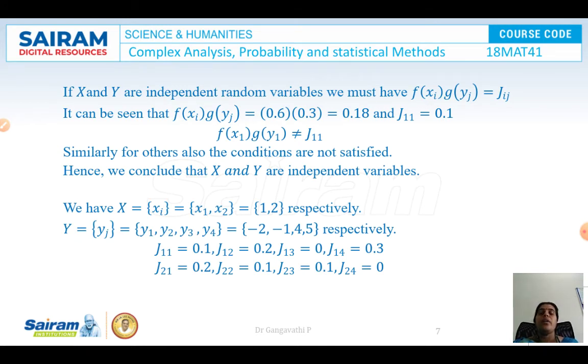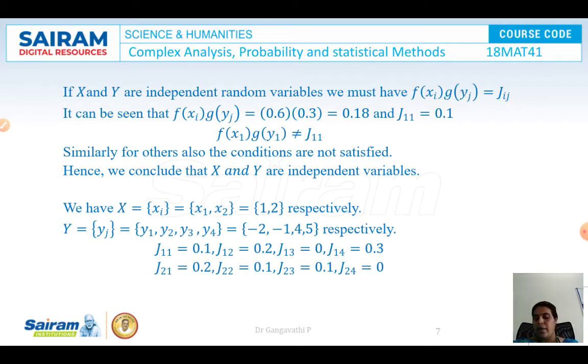Now a further question has been asked. It asks us to show that the random variables are independent. So this is how we have to prove that. If x and y are two independent random variables, then f of xi into g of yj must be equal to jij.